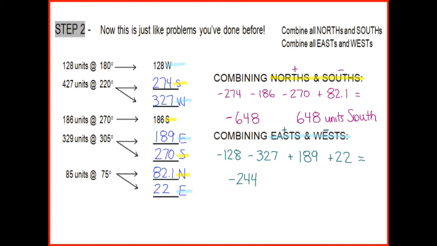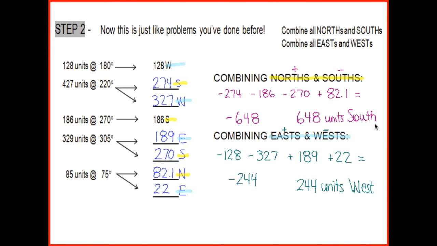So that just means 244 units west. So we start with these 5. We broke it into components. So those 5 were equal to these 8. And now we've boiled those 8 down to just these 2. These 2 are equal to those 8, which were equal to these 5. And now we're going to combine that into 1.